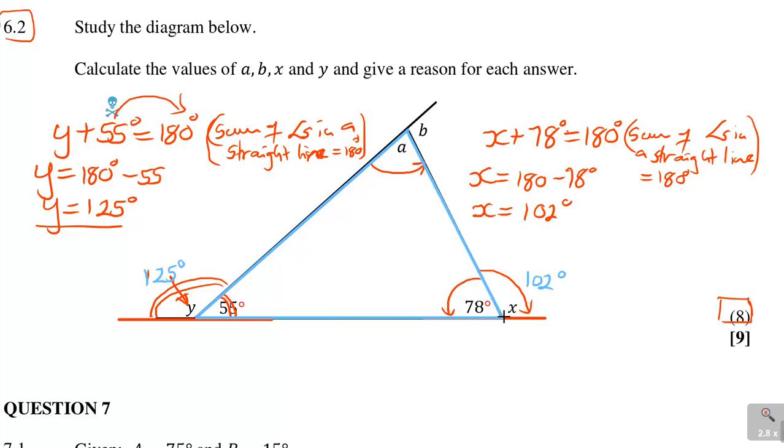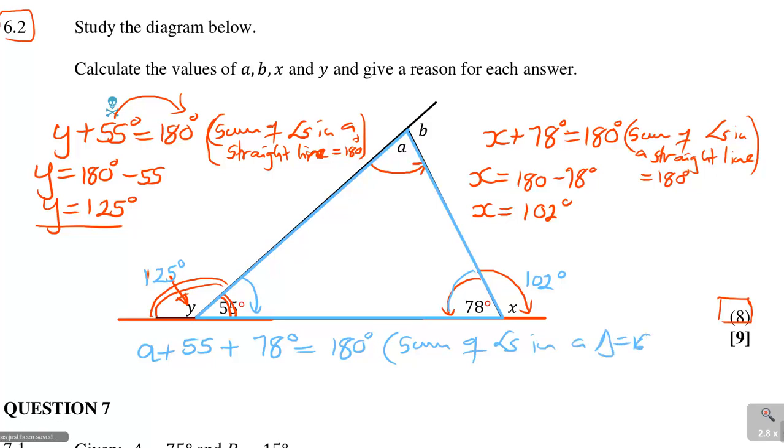So you're seeing a triangle there, and you must know that when I add a plus 55, which is this one, plus 78, which is this one, it must give me 180 degrees. What is the reason? The sum of angles in a triangle is equal to 180.